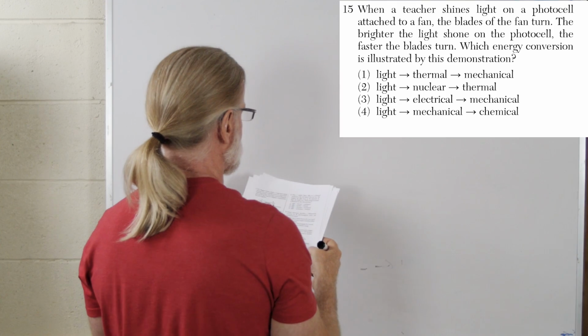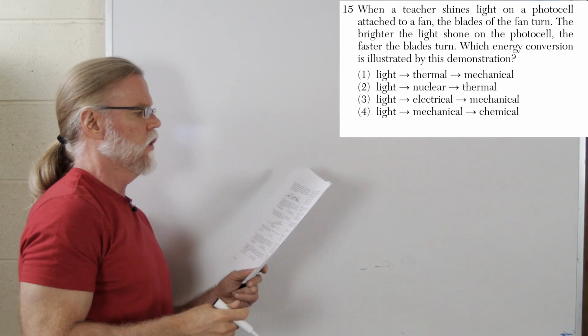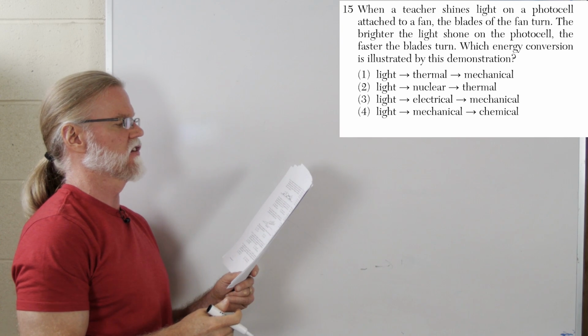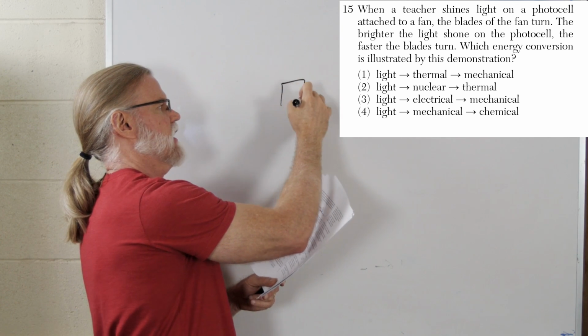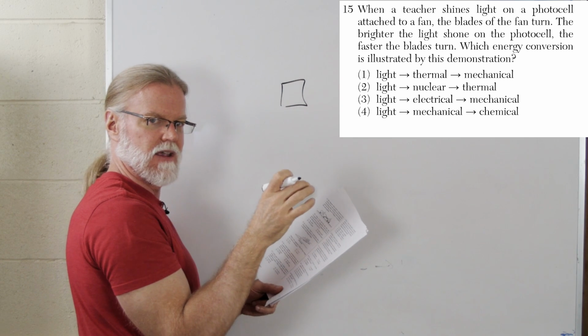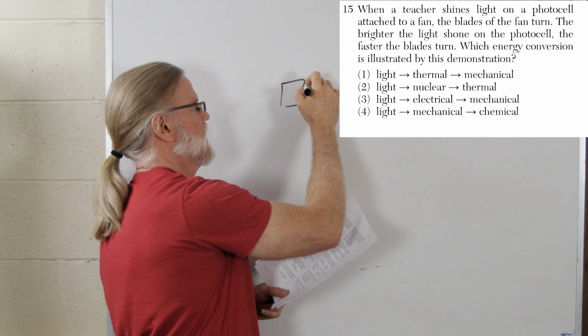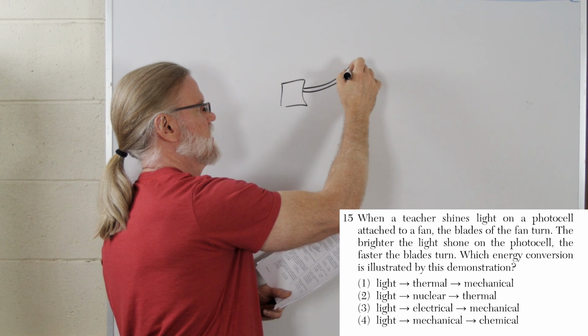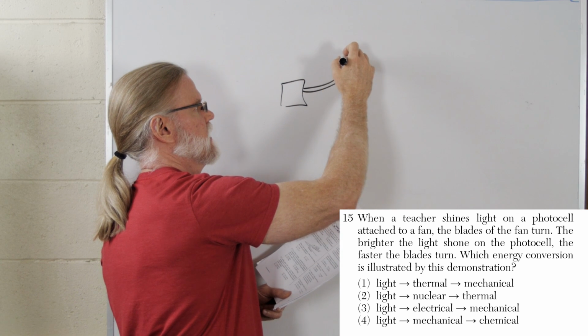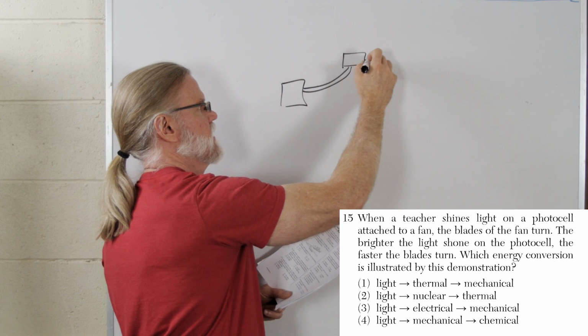All right. 15. When a teacher shines light on a photocell attached to a fan, so we have some sort of photocell, kind of like how you have in some of your calculators. So you got a photocell, and that's attached, so there must be 2 wires coming out of there, to some sort of motor.